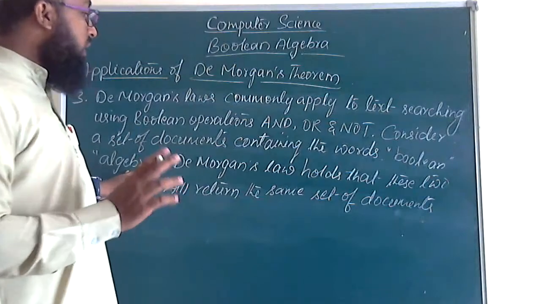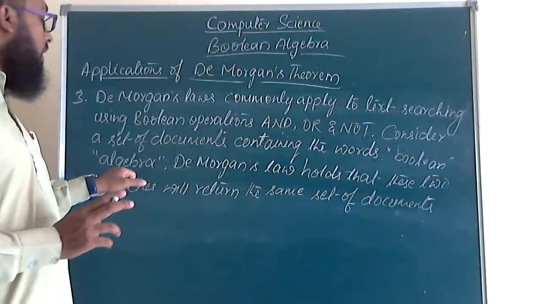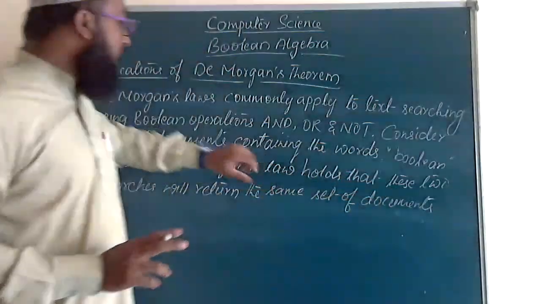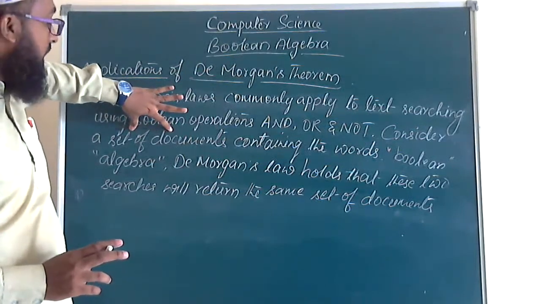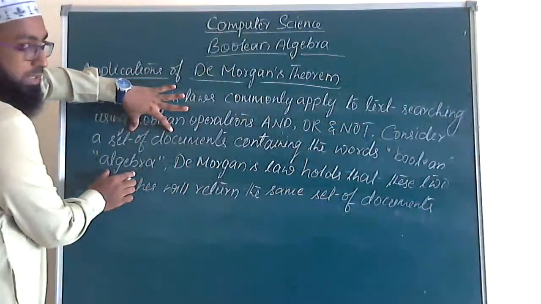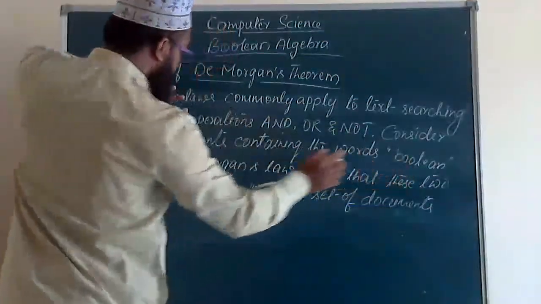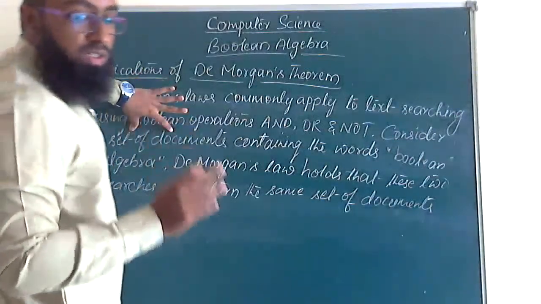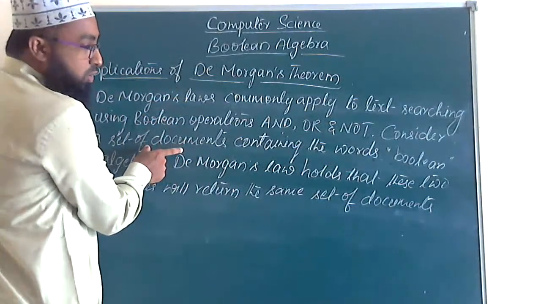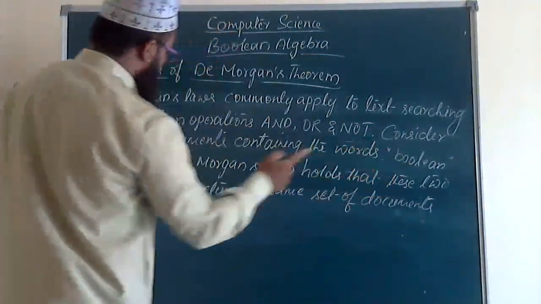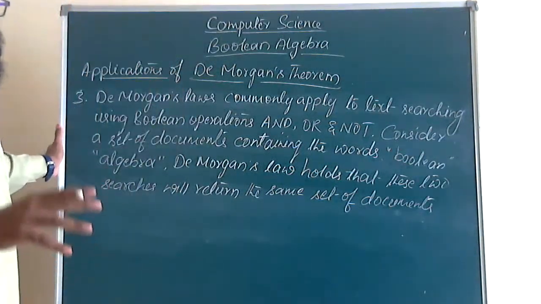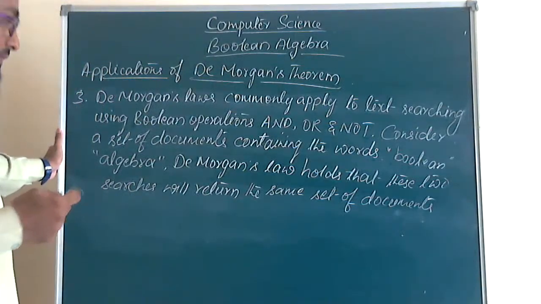If we search Boolean or algebra, De Morgan's law will return the set of documents which contain either Boolean or algebra. It will go to that set of documents and search the words.